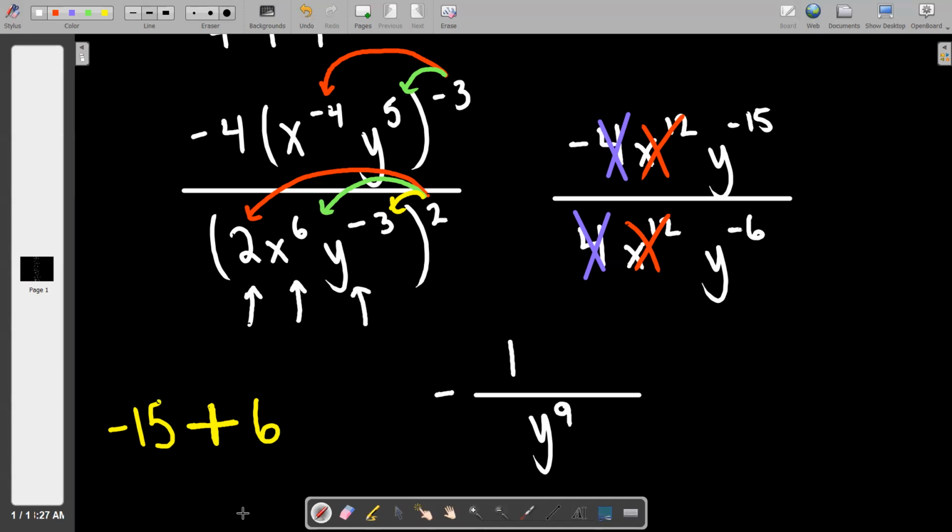What do you think? No, the fact that when we did negative 15 plus 6 and we got negative 9, that's why we put it in the bottom, because it was y to the negative 9th, but by putting it in the bottom, remember, we don't actually put it as negative 9. We put it in the bottom, and that makes it positive 9.